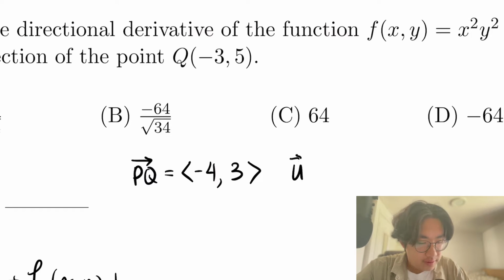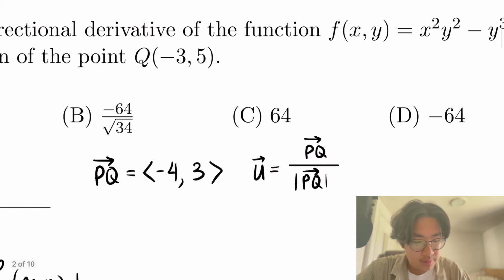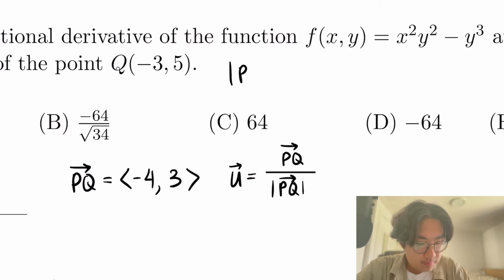So our unit vector, u, is equal to PQ divided by the magnitude of PQ. To compute the magnitude of PQ, I'll quickly do up here. But hopefully you do immediately see that it is 5. It's just Pythagorean theorem. So in this case, you have -4 squared plus 3 squared.